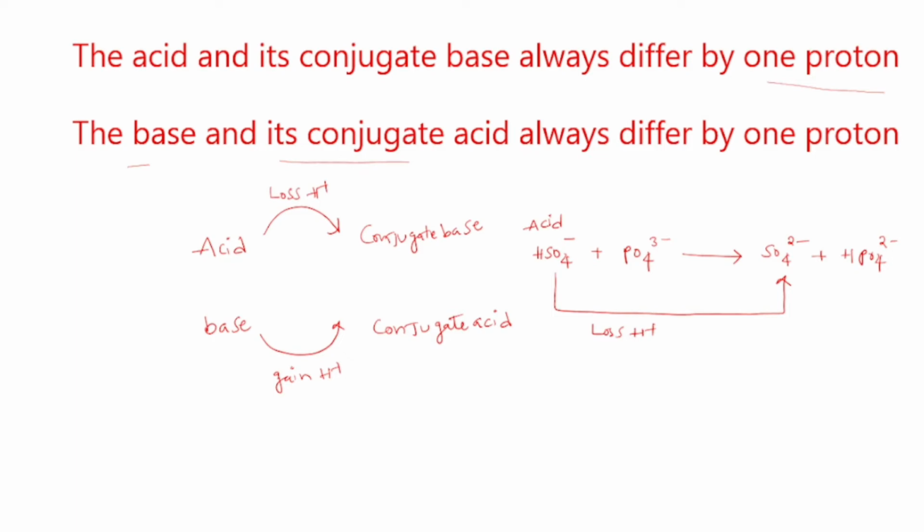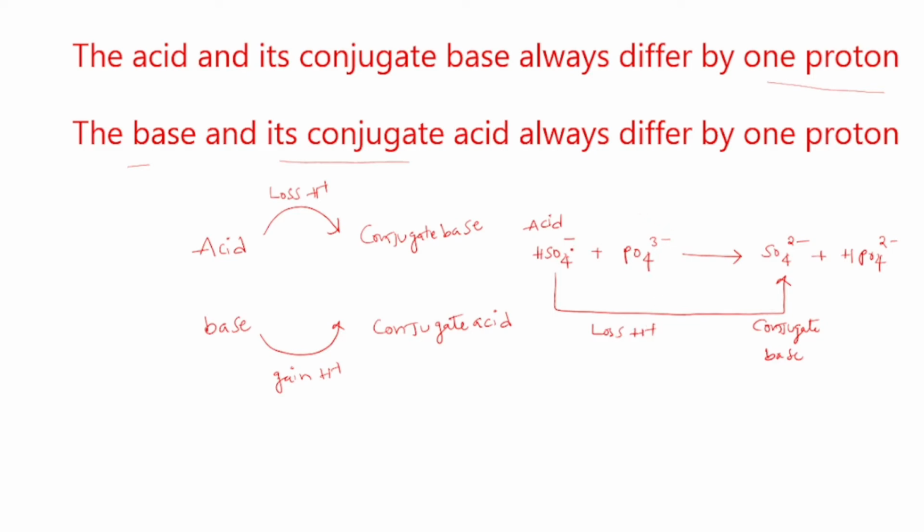This acid is converted into its conjugate base, SO4 2 minus. According to the definition, an acid and its conjugate base always differ by one proton, and HSO4 minus and SO4 2 minus differ by one proton only.